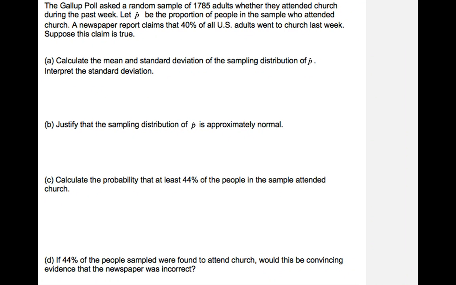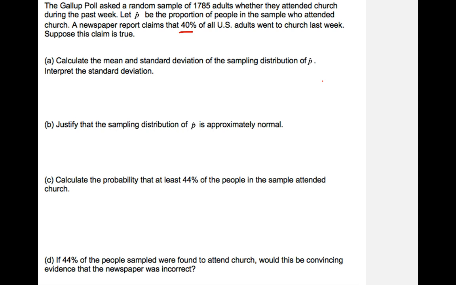So here's another example that we're going to take a look at. This time we have a sample of 1,785 adults who went to church last week, and the newspaper claims that 40% of all adults went to church last week. So we want to just suppose that this claim is true.